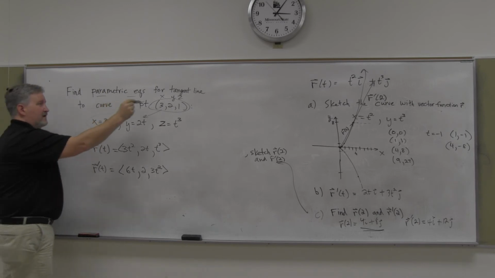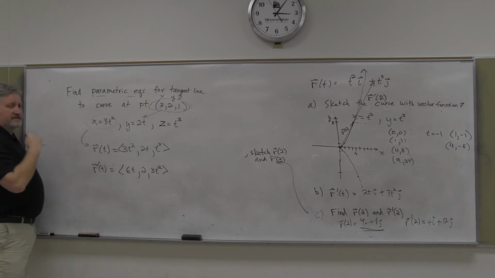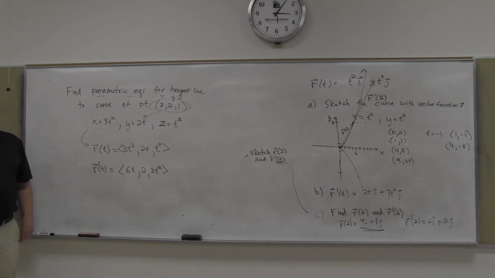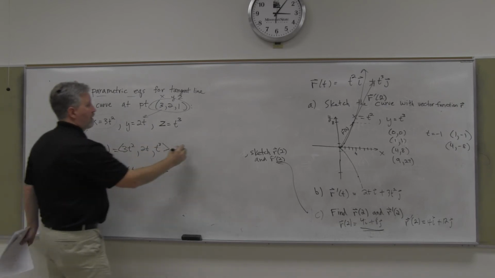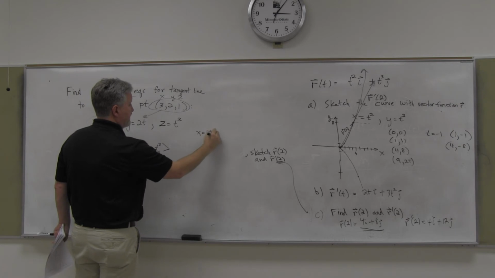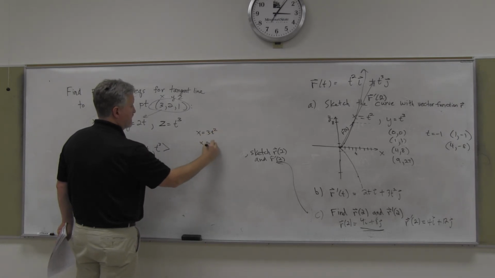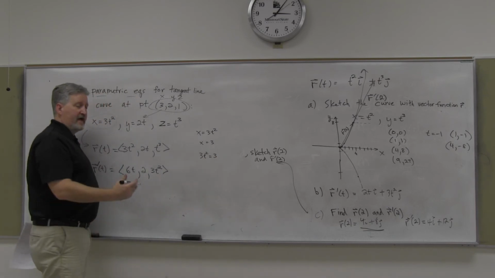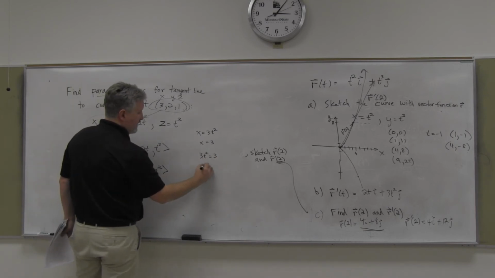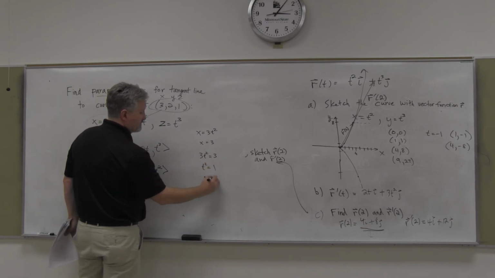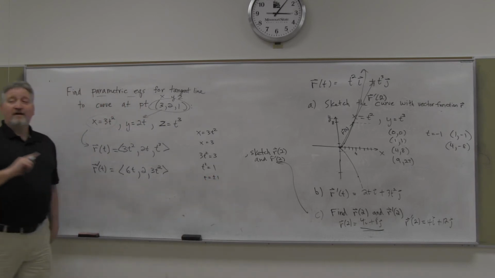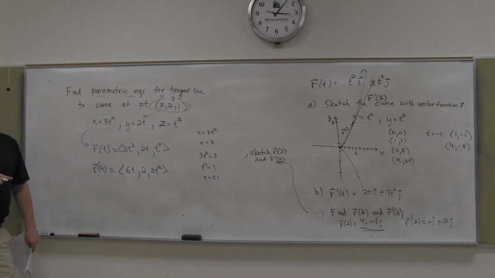If I use the fact that x is 3 and x is 3t squared, that tells me 3t squared equals 3, so t equals positive or negative 1. The only problem with that is it may not work in the others.